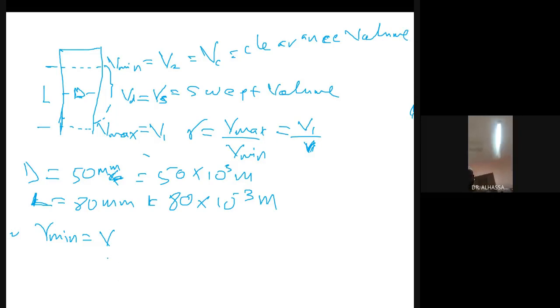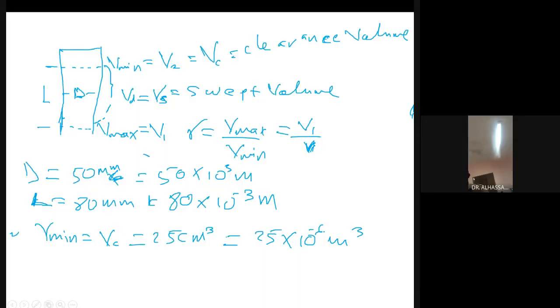This clearance volume is given in the question. It's 25. I think it's the same thing I solved last time, just a repetition. So this equals 25 times 10 raised to the power minus 6 meter cube.